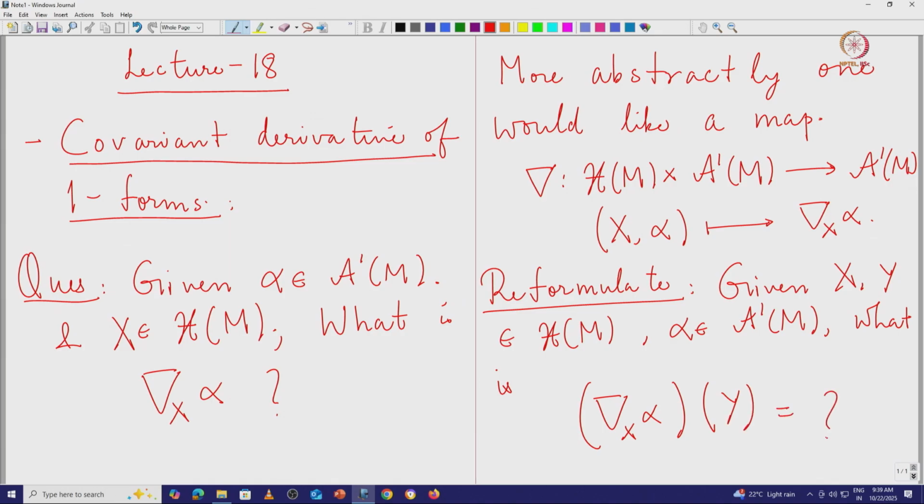If whatever rule we come up with happens to be also C infinity linear in Y, then we are basically done. Then that would answer the original question.